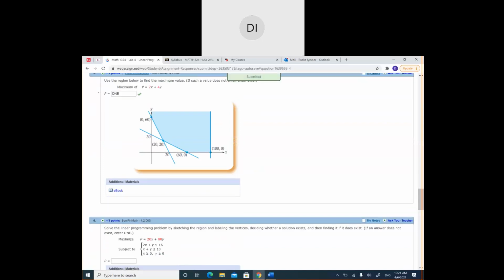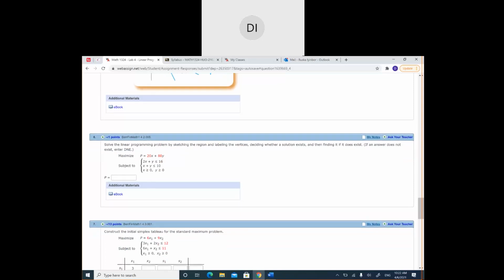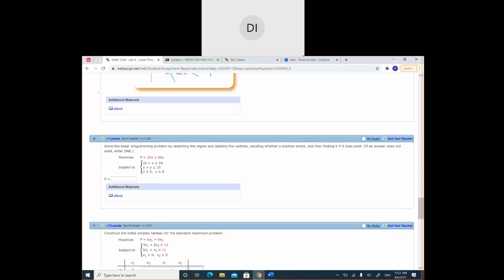And then we have number 6. It's the same way, like a combination between number 1 and number 3. So you're going to graph this area, the inequalities, and then you're going to do the table and calculate. You're going to graph it on paper, and then make the table for this function.